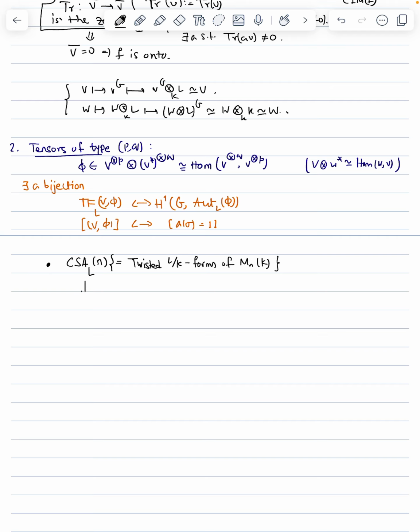And so by this theorem, it becomes isomorphic to the first cohomology.